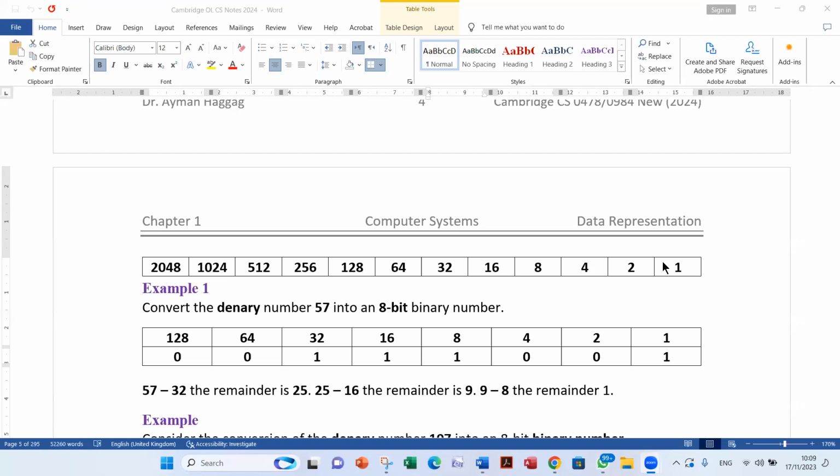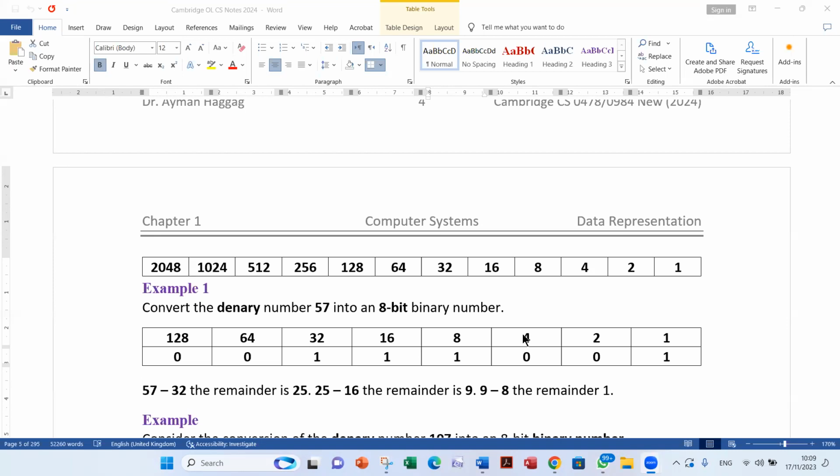This method is systematic, and it will always take you to the correct answer, as long as you start from the left and find weights that you can afford to put ones underneath. If you put a 1, you subtract and think how to find ones for the remaining value.